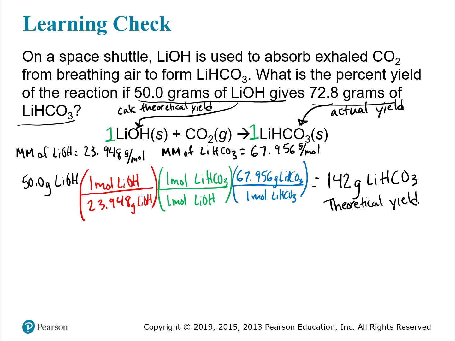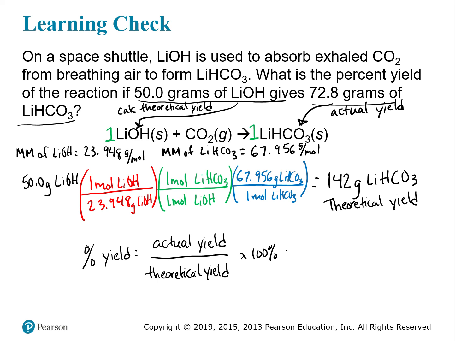Now, if you just stopped there, you wouldn't have the right answer because that's not the question. The question is asking about the percent yield of the reaction. All we did was figure out how much we could have made if the reaction went to completion and we didn't lose anything. The percent yield is the actual yield, which we were given in the problem, divided by the theoretical yield, multiplied by 100%.